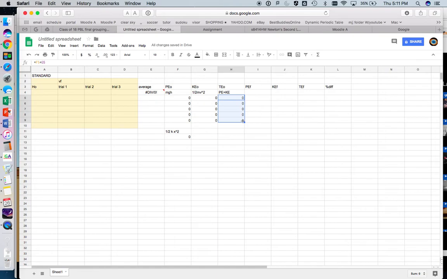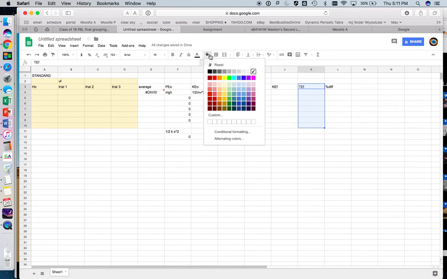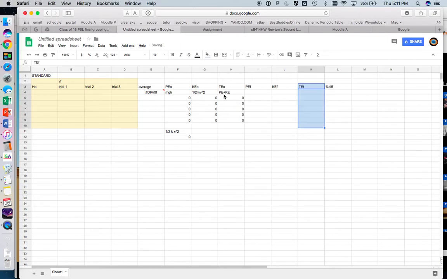And in terms of percent difference, we're looking to compare that column with this column.